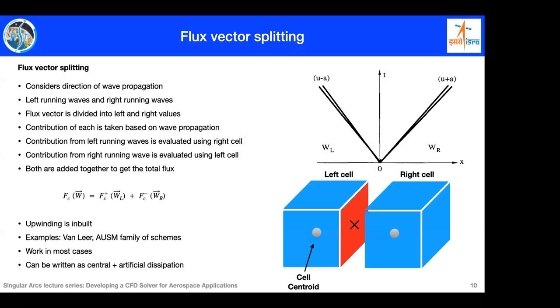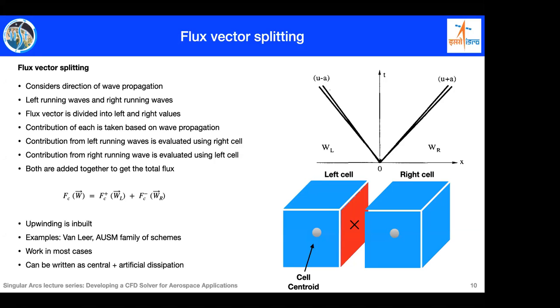If the flow is going from left to right, instead of considering the right cell value in flux computation, you consider the left cell value. That is called simple upwinding. That upwinding brings stability to the scheme. So in this case, that upwinding is inbuilt, with which we need not add the additional term like we added earlier, that D dissipation.